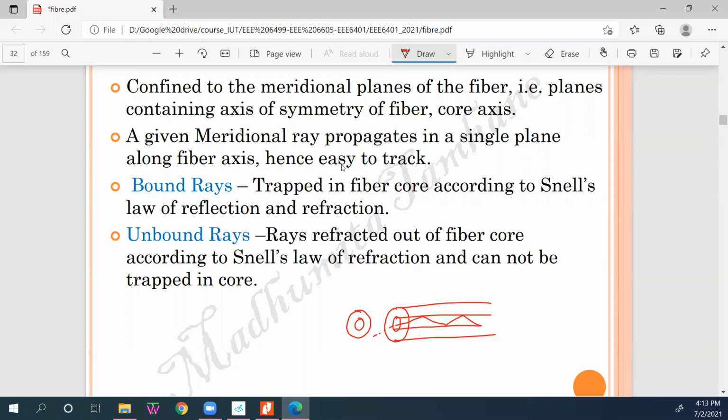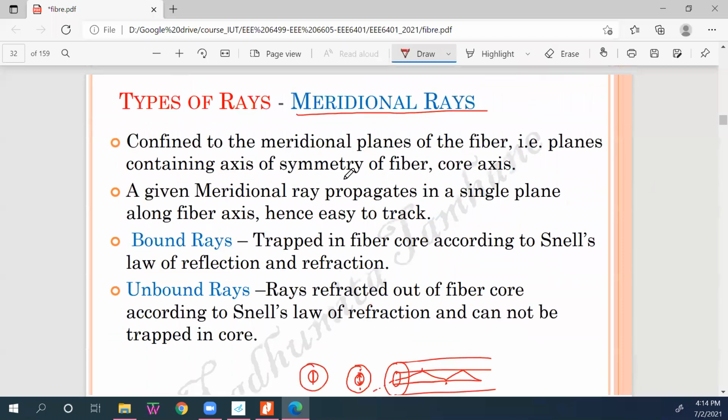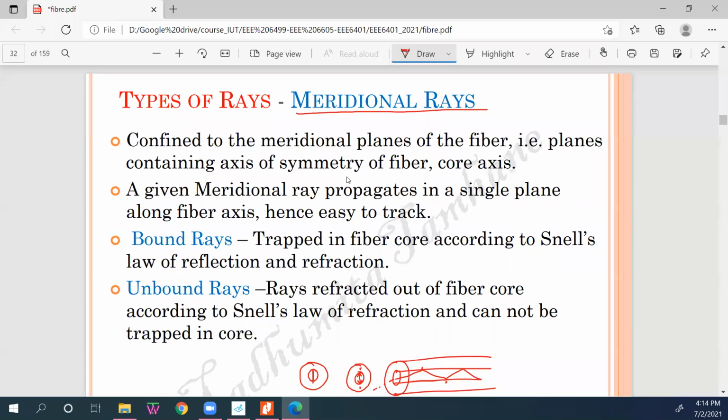In the cross section of the optical fiber you can see only this: the top here and the bottom here. If you like to see the fields, we can see them in the meridional ray. So meridional rays are easier to track down. If you slice the optical fiber, you can see the light coming out.